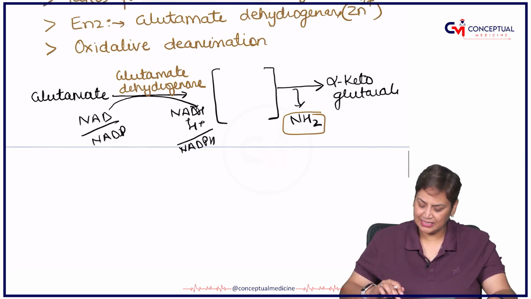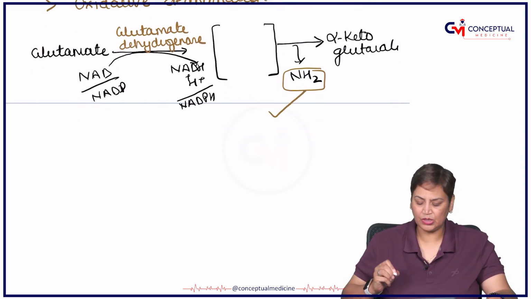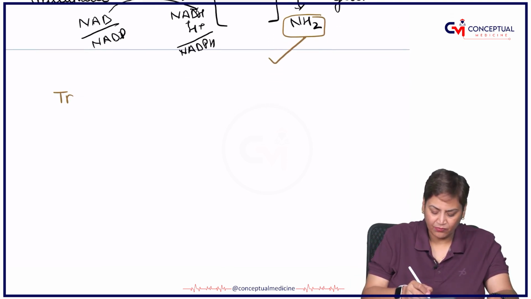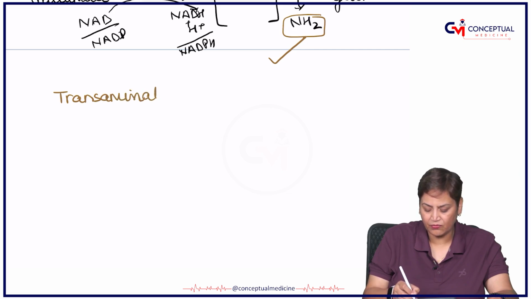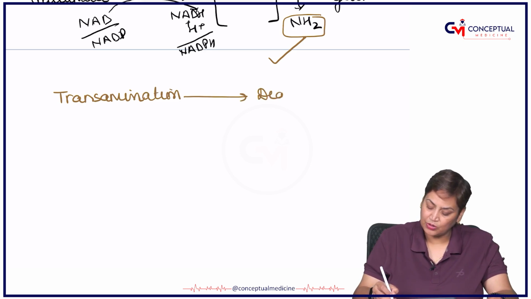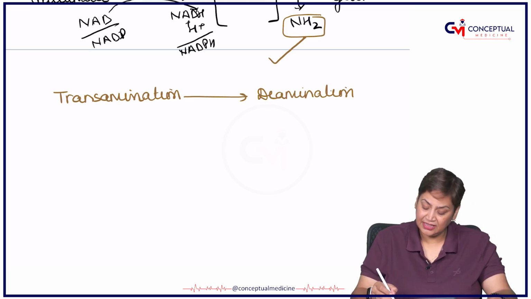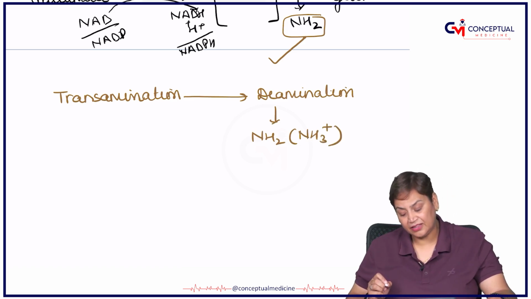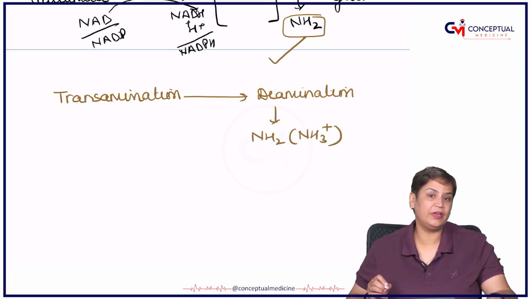Now the question is, the amino group is released. As per nitrogen metabolism, in the body transamination means transfer of the amino group, then removal of the amino group is also there. But the tragedy is this amino group is present in the form of ammonia. And this ammonia cannot move in the free form. This is again very important.